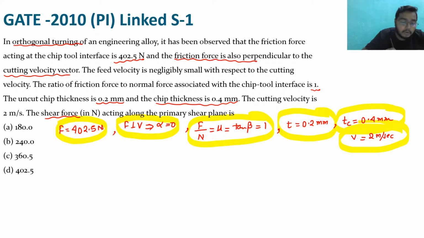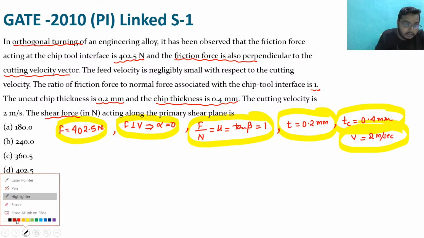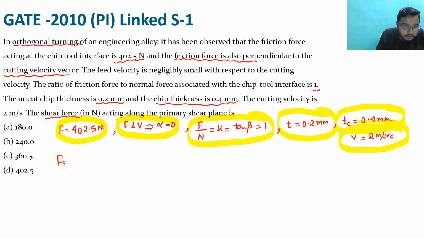Now it has been asked in the question to find the shear force, that is Fs. Please try to solve it.